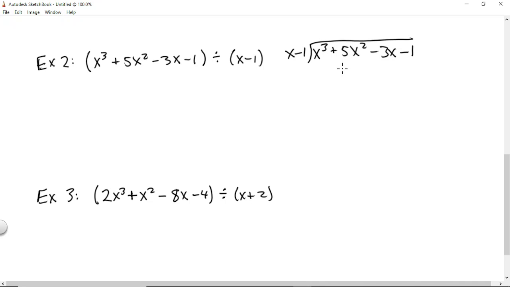Okay. So how many times does this x go into the x cubed? And again, it's whatever we write down. When we multiply it by the x, we want to get back x cubed. So it's x squared. So x squared times x minus 1, multiply it by the whole thing.